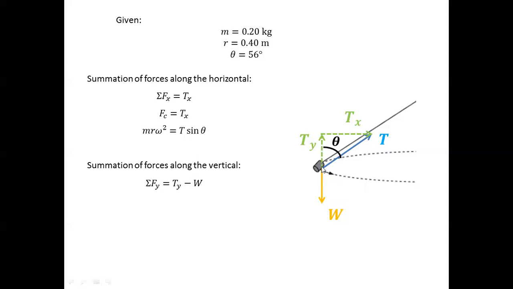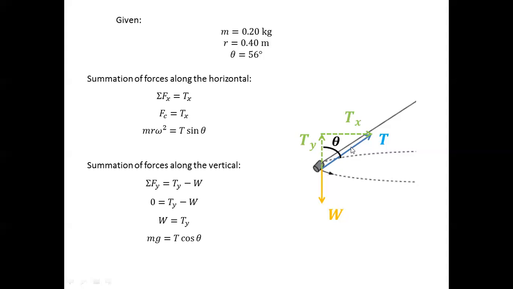As this bung is moving, it neither moves up nor down, so we can say that the net force along the y direction will be 0. Transposing weight to the other side, we have weight equal to T sub y. So we replace weight with mass times gravity, and T sub y with T cosine theta. Again, using this vector triangle, T sub y is the side adjacent to the angle.